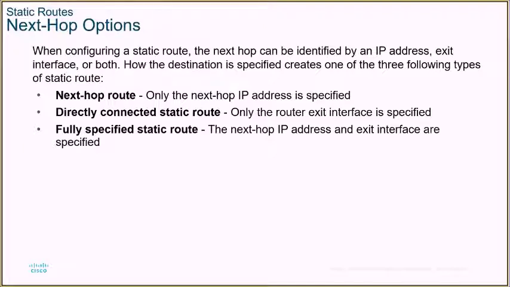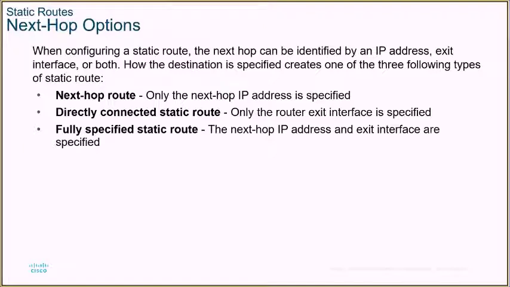Then there's a directly connected static route, where instead of specifying an IP address, you specify an exit interface as the instructions on how to find the destination. And then you can also do a combination of both, where you specify both the next hop IP address and the exit interface.